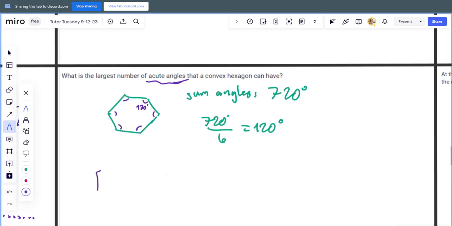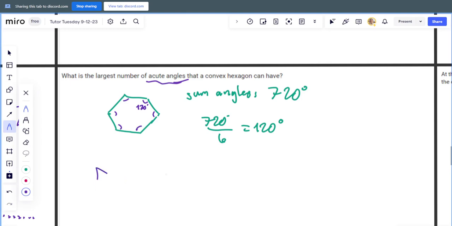We could do a hexagon that looks kind of like 1, 2, 3, 4, 5, 6. I guess it could be something like this, right?